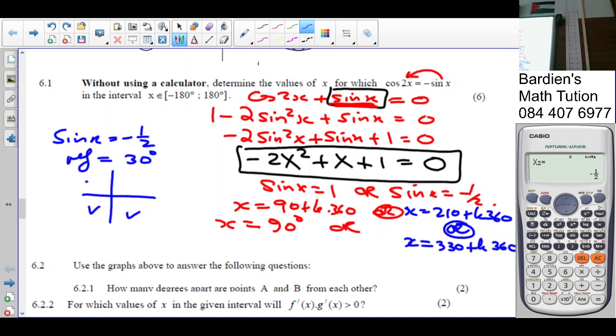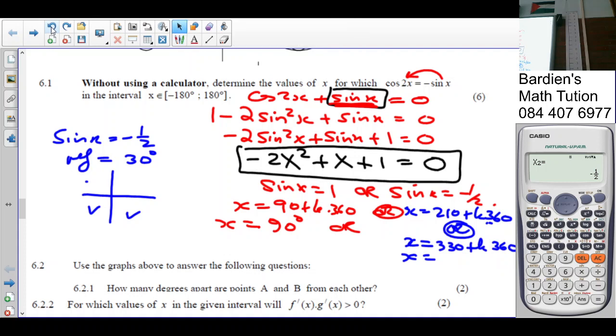But remember, we must give it within the given interval. So x equal to, I'll put 0 through here, I'm going to get 210 degrees, which is outside the given domain. So we replace k with negative 1.